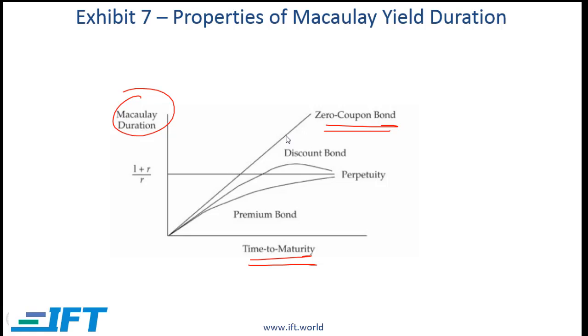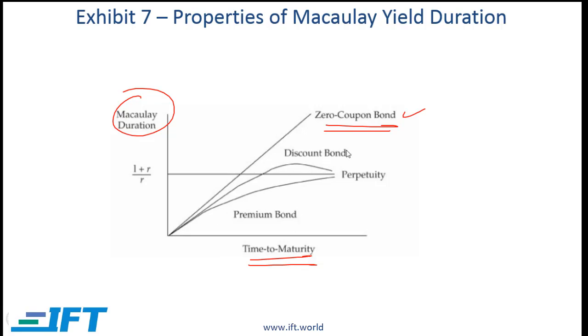The maturity time of the bond is equal to the Macaulay duration for a 0 coupon bond. In general, the higher the maturity, the higher the duration, and that makes sense because higher maturity would imply greater interest rate sensitivity.